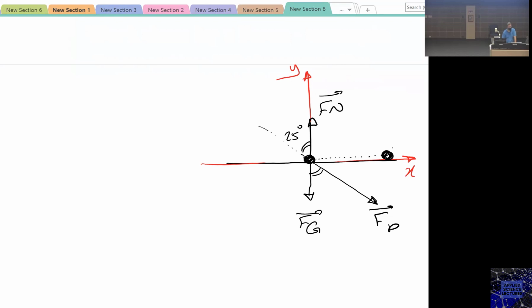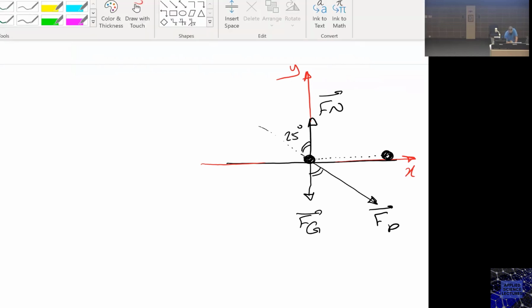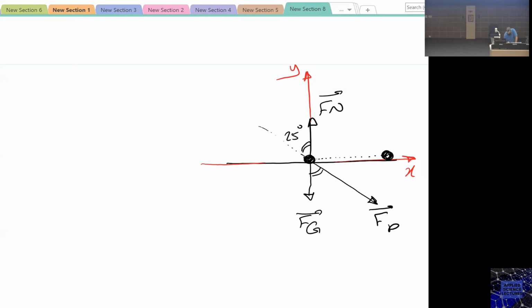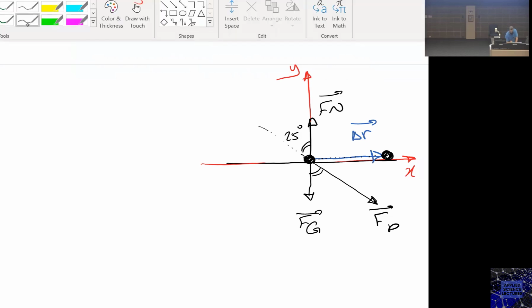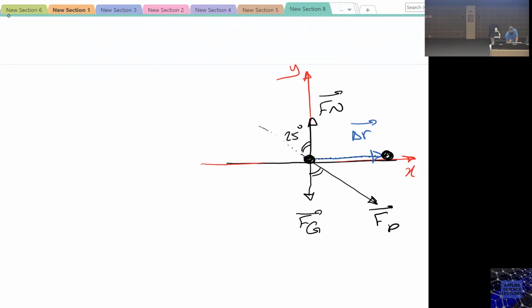So from here to there, I'll make it in blue as my displacement. This is delta R. And my angle here is theta between the displacement and the force.